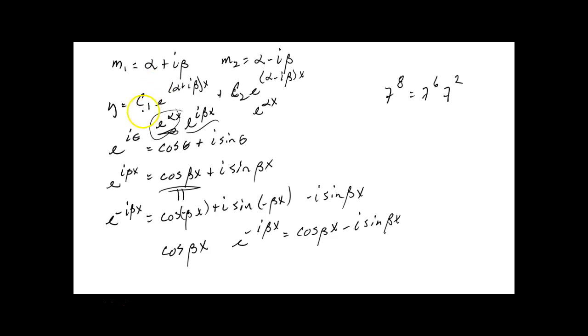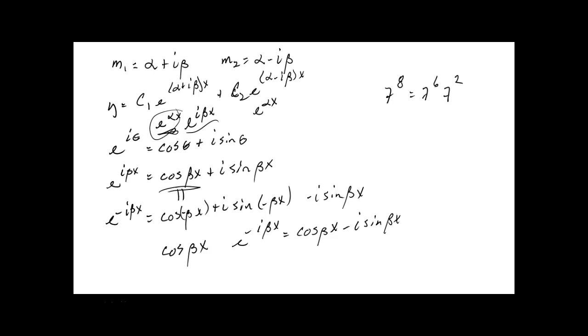Now, if we were to add these two together, what they're effectively doing is letting C1 and C2 both equal 1.